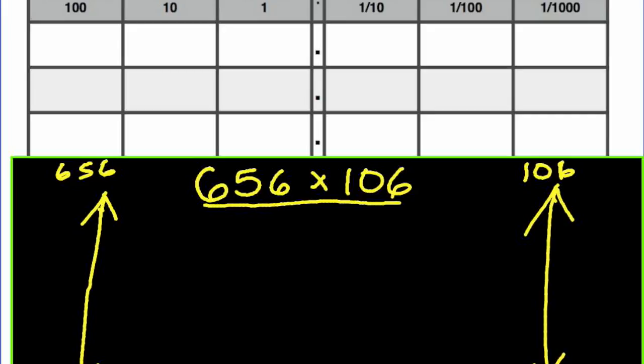Okay, since in 656 the first number is 6, then you're going to write a 6 at the bottom. And then the next number when I'm counting up is 7, so we're going to write a 7 here.